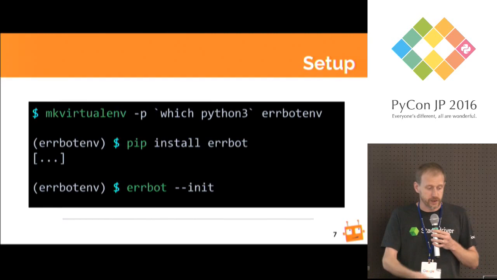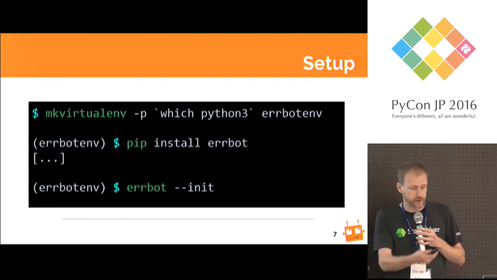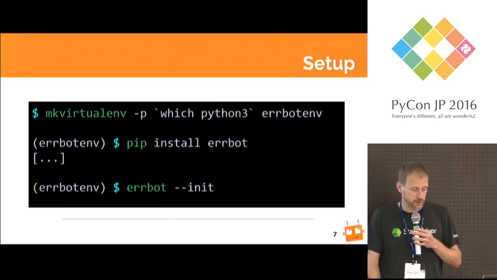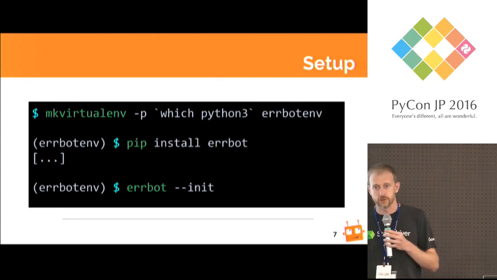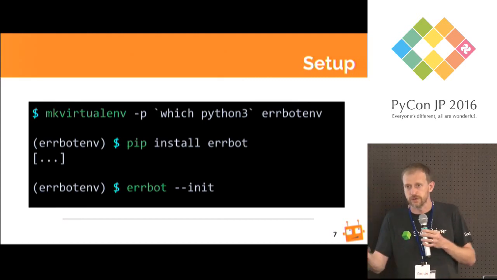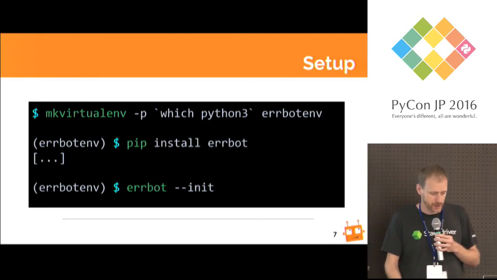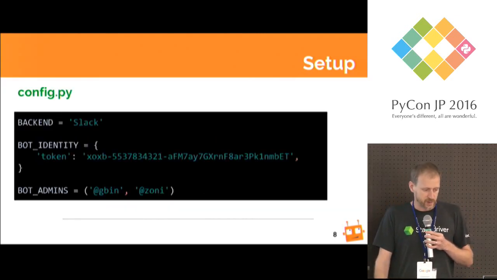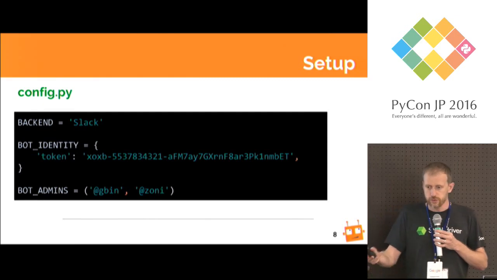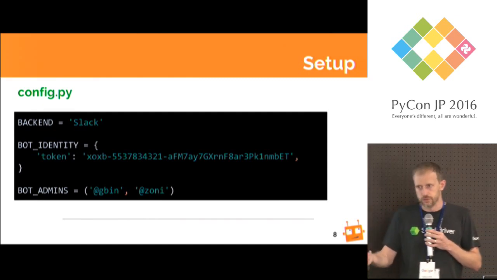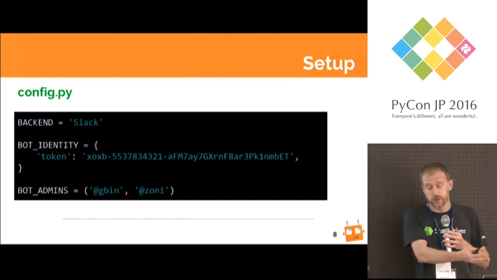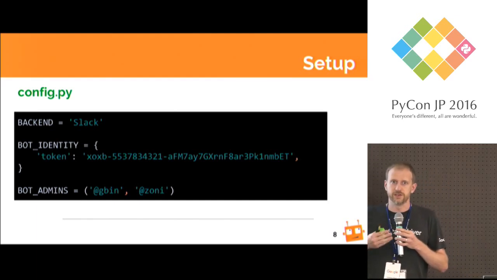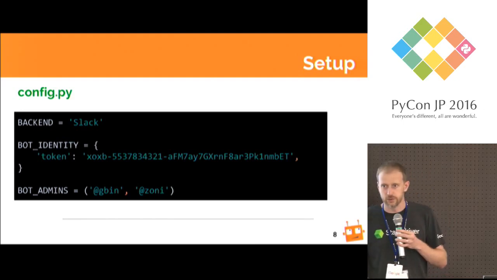It's pretty standard: you can make a virtual env, pip install errbot, and there is a small shortcut to initialize your data directories and so on to make a new project. From there, you need to tell the bot which systems you want to connect to. So you specify what we call a backend. A backend for the bot is what it's connecting to.